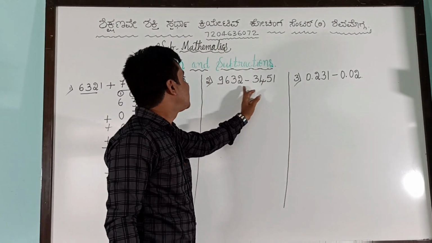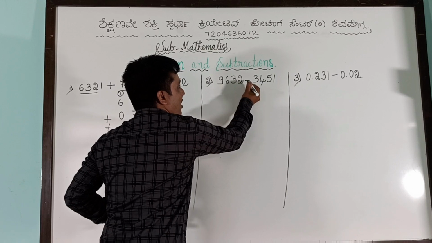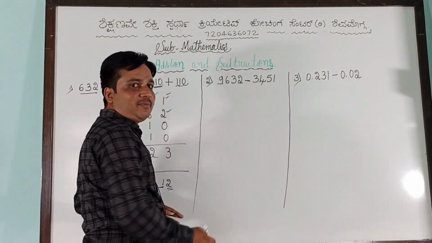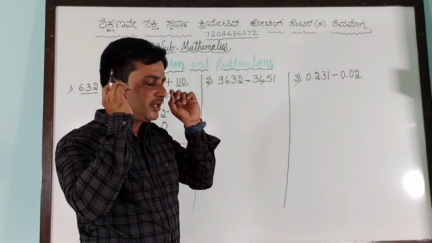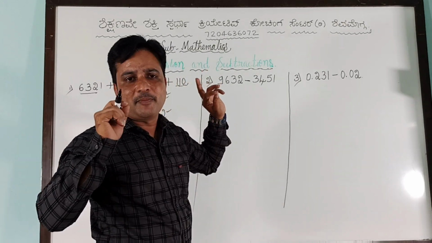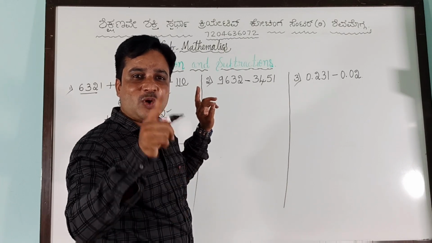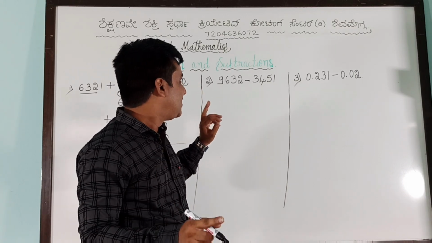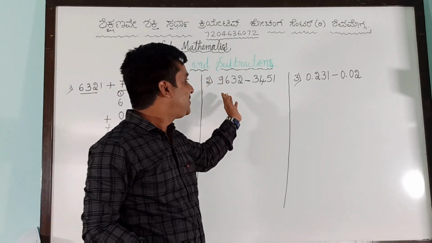What they have given in the second question has a subtraction symbol, so we have to do subtraction. Let's write the numbers. While we are subtracting, we have to keep in mind one important concept. Always, while subtracting numbers, the greatest number we have to write first, compared to the other number.